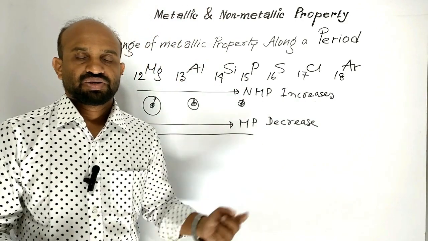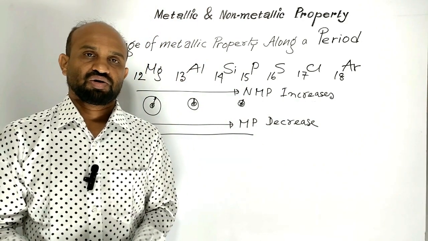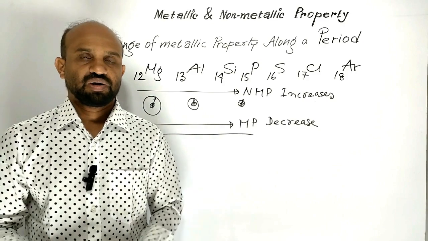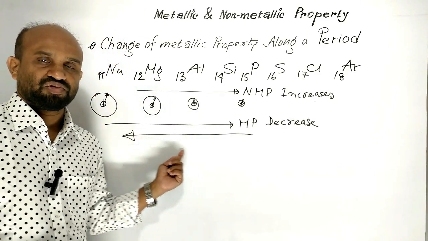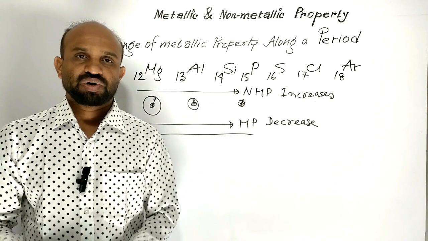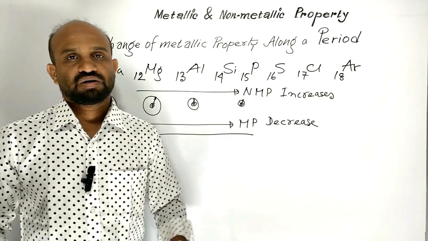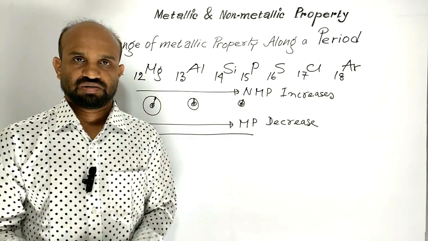This is the change of metallic property and non-metallic property along a period. Along a period, from left to right, metallic property decreases and non-metallic property increases.